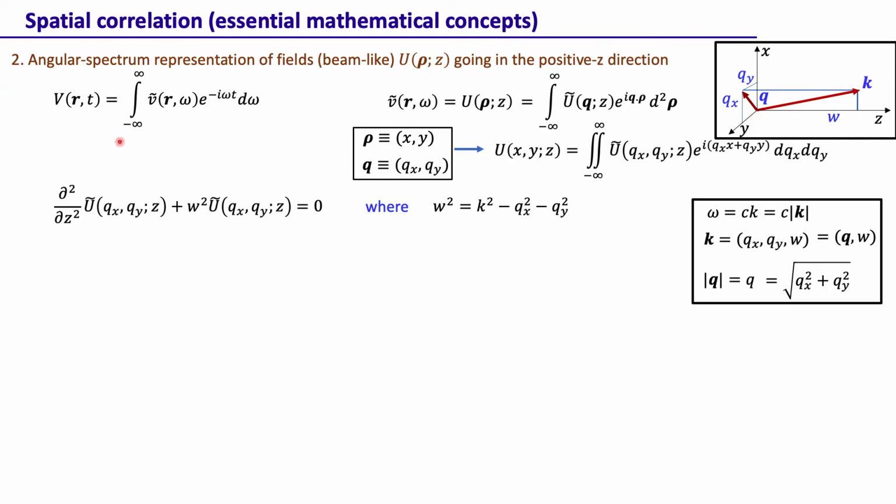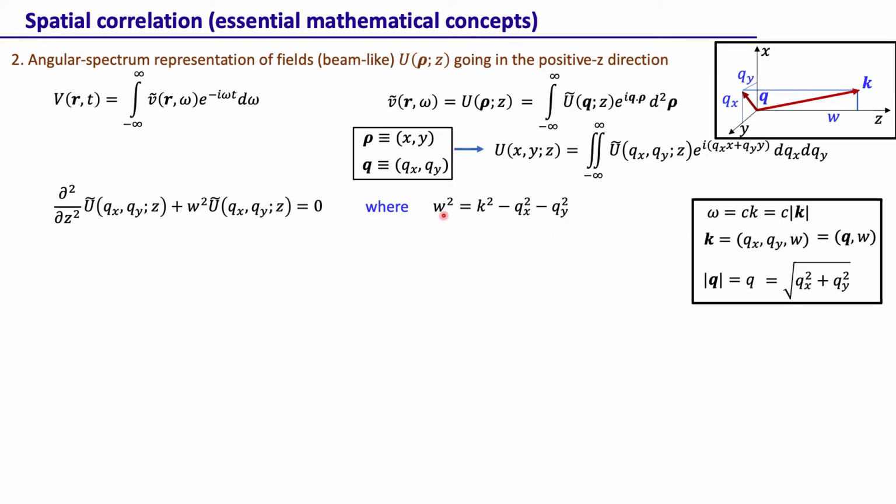So we started with this v and then v(rt), and then we said we are interested only in u(rho, z). U(rho, z) we wrote as a two-dimensional integral where the conjugate basis is the spatial frequency basis, and now I find that this component u tilde(qx, qy, z) satisfies this differential equation, where this constant w square is k square minus qx square minus qy square.